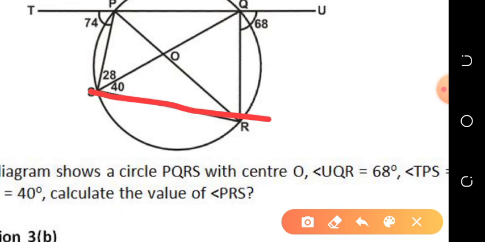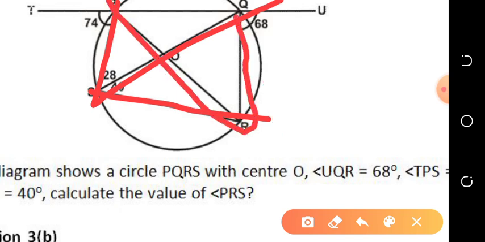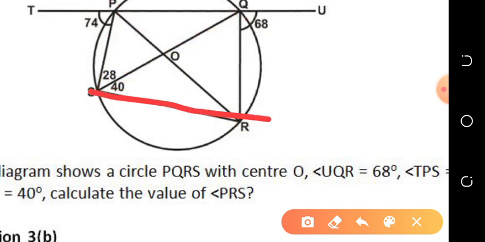Now, the angle that we have here, which is PSQ, is the same as PRQ. You can see that P to R to Q. This angle here, which is 28, is the same as this angle here.